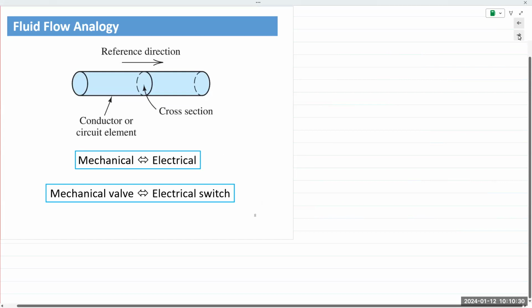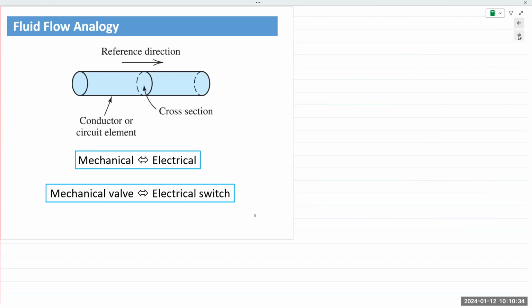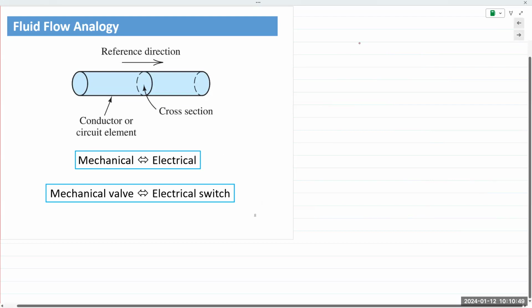Fluid flow analogy for electrical circuits. Let's say we have a pipe carrying some fluid through it. We have a direction of the fluid flow, and it also depends on the pressure at either end of that pipe, right? An analogy can be made with an electrical conductor.